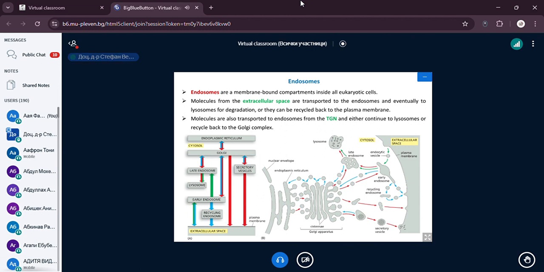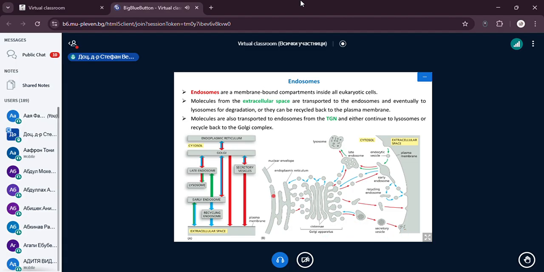Yeah. Let's continue with endosomes. Endosomes are membrane-bound compartments. Think of this as spaces surrounded by membrane inside the cytoplasm in the form of smaller and larger vesicles. And usually these endosomes are located in the region between the Golgi complex and the plasma membrane.